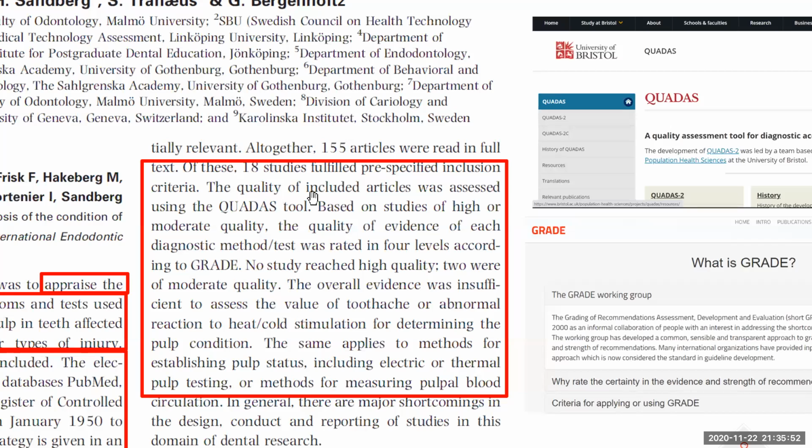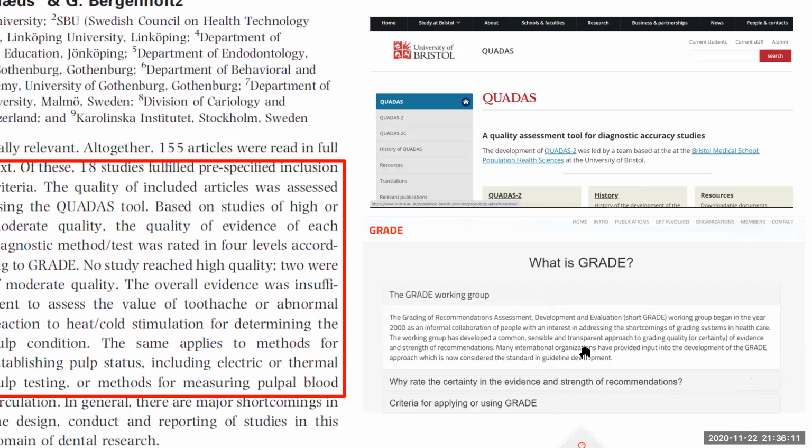The quality of included articles was assessed using the QUADAS tool, and based on the studies of high and moderate quality, the quality of evidence of each diagnostic method or test was rated in 4 levels according to GRADE. See, they use another tool, which is great, to assess the evidence from these studies.